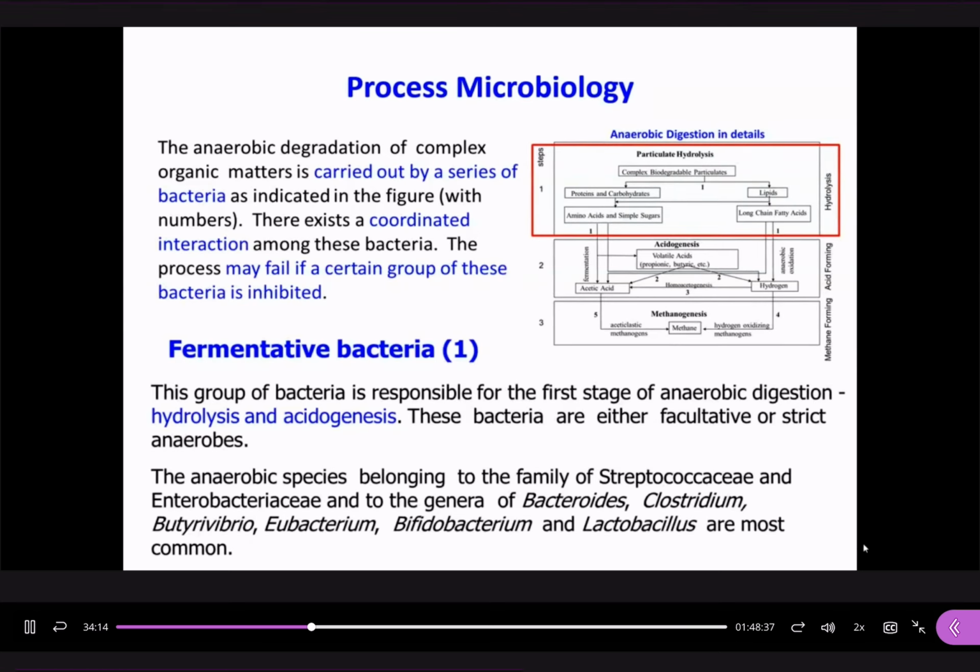They can utilize oxygen and non-oxygen electron acceptors. So they can use oxygen, but strict anaerobes cannot. The family names are all Latin words that I cannot pronounce, but we understand the first step is carried out by fermentative bacteria.